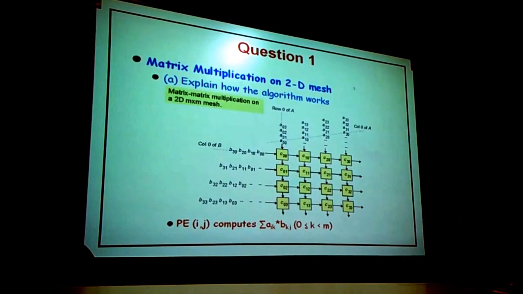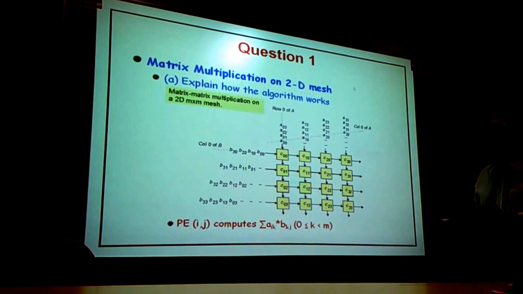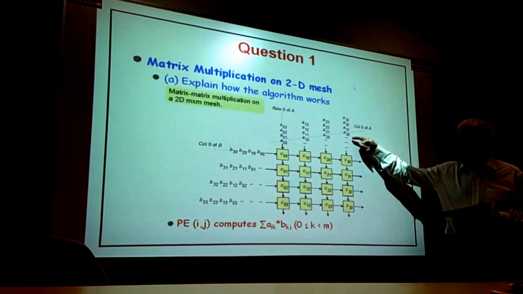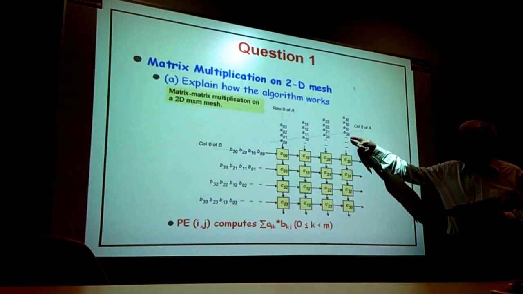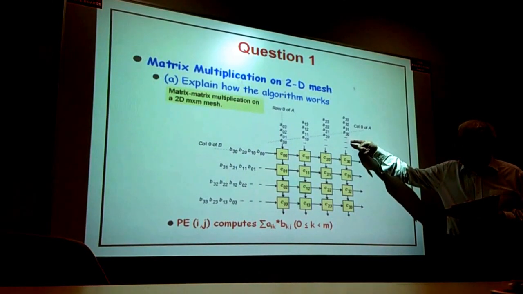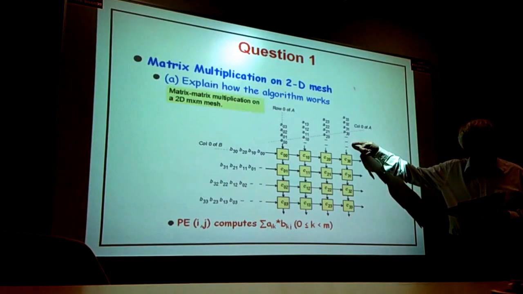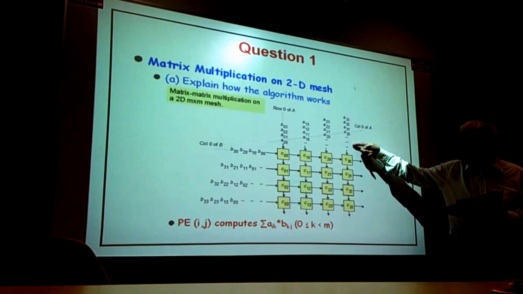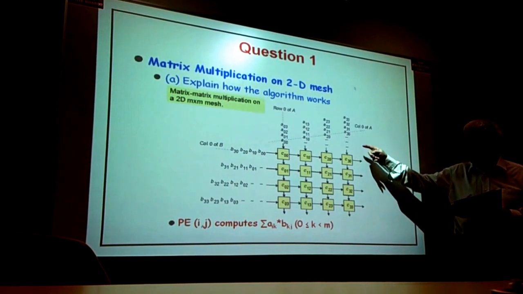So if we work out as for a pipeline, first of all we have a delay, and we have m minus 1 steps delay if it's an m by m matrix. Okay, in this case we have 3 steps delay because it's a 4 by 4 matrix.